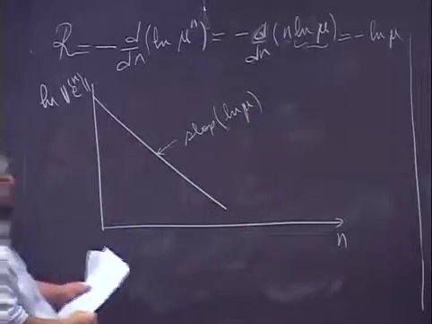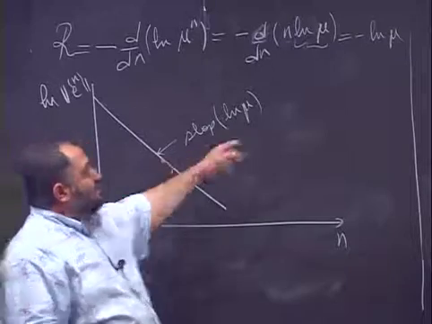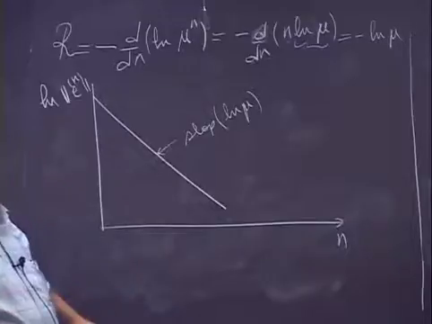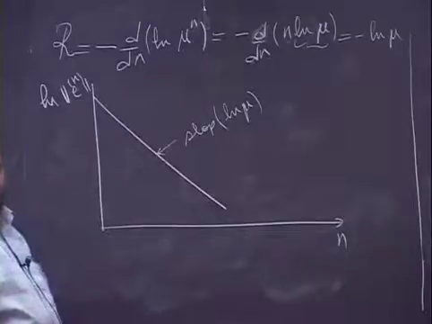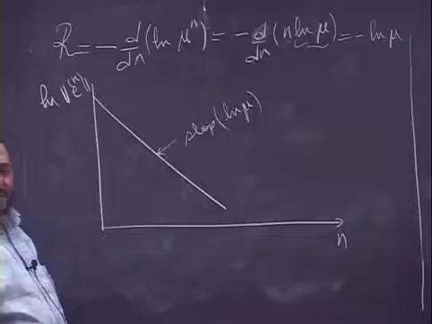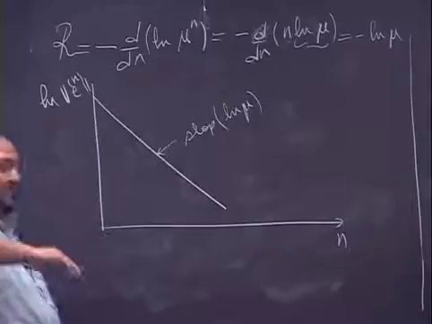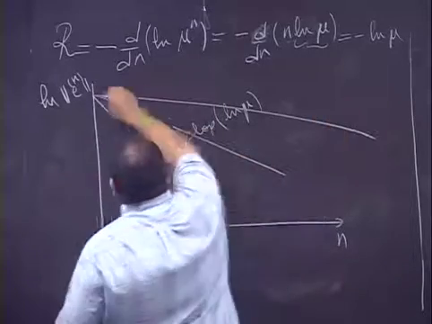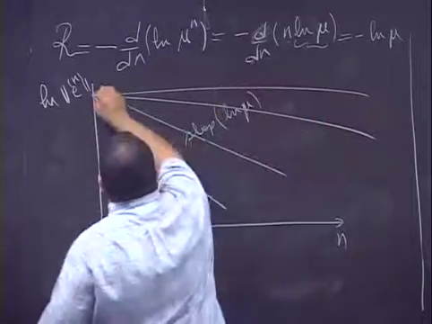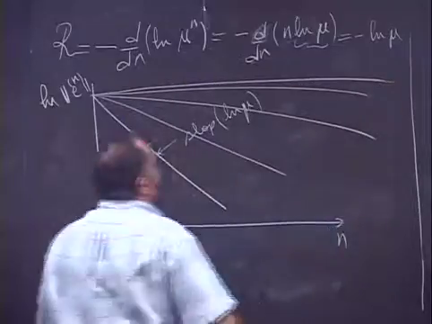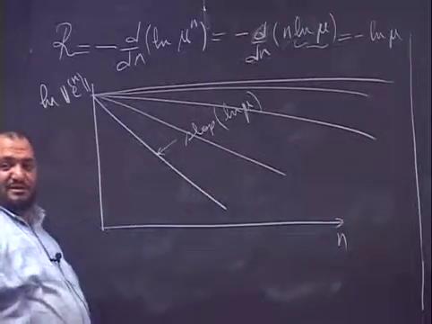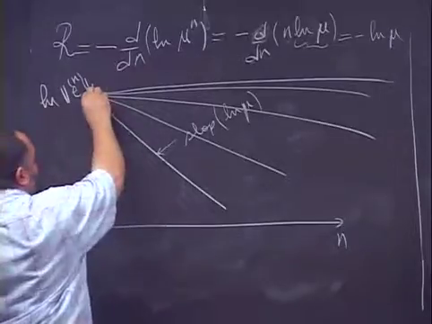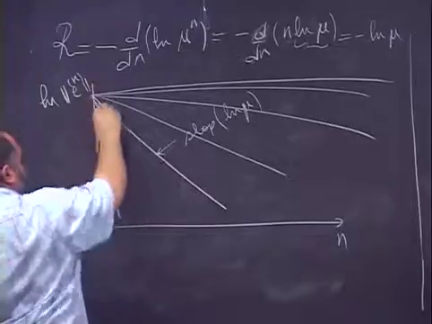It is a negative slope. So if mu is large, what will happen? The slope will increase. So you expect for large n, the slope will do what? Until you get 1, zero slope. But if mu is smaller, you expect something like this.